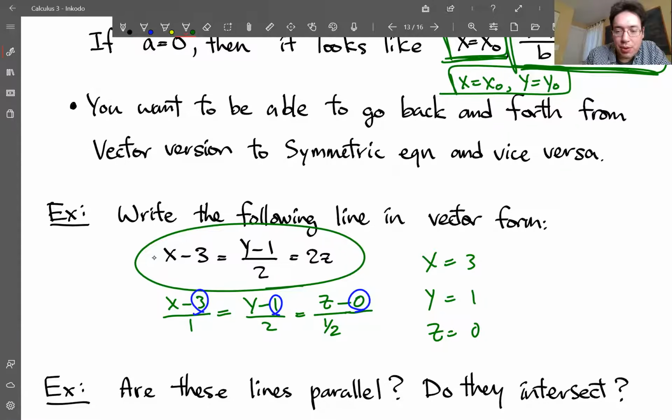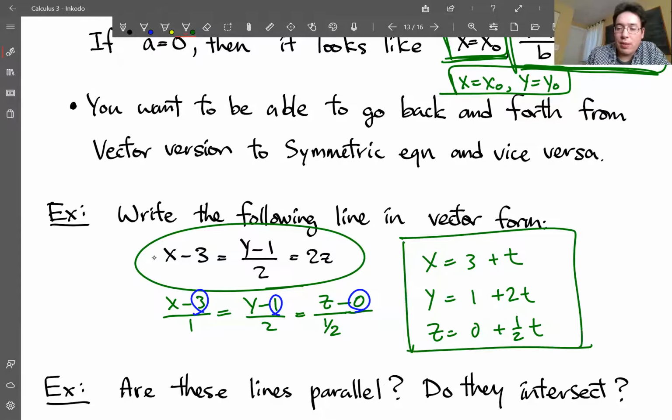And the directional vector is 1, 2, 1/2. Okay. So that's in parametric form.